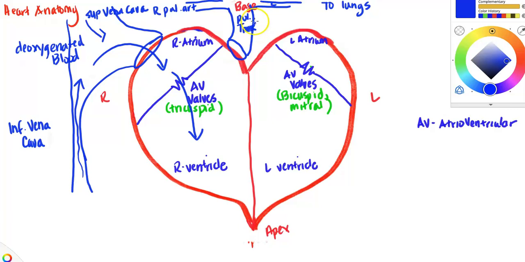All right. So if you notice, I'm putting my deoxygenated blood into blue, to make it look like it doesn't have any oxygen in it, because oxygenated blood is very red. So those are going to be in blue. So this is an artery, and it is carrying deoxygenated blood.